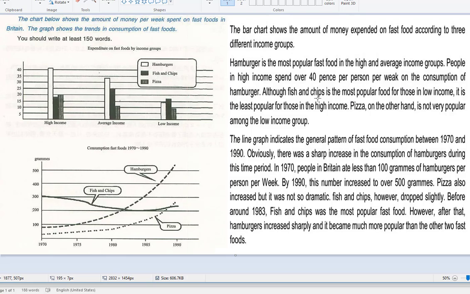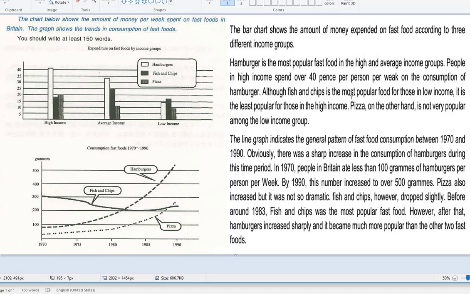Fish and chips is the most popular food for those in low income. Fish and chips, yeah. It's the least popular. Okay. So this person is giving us the most popular foods for each income group.